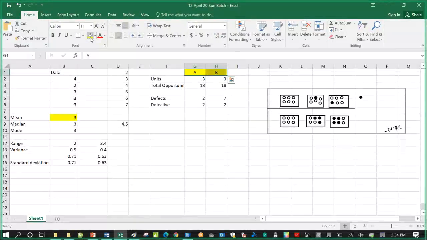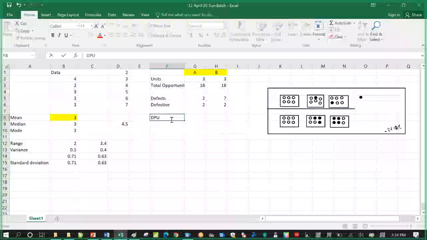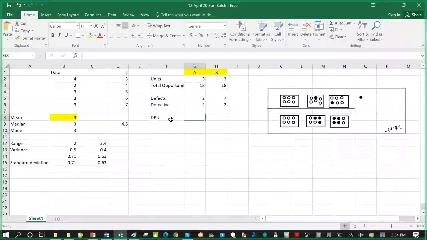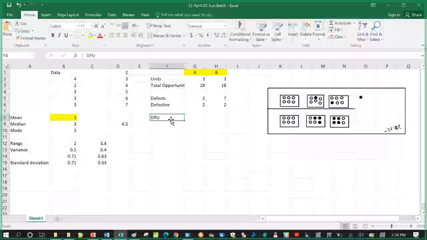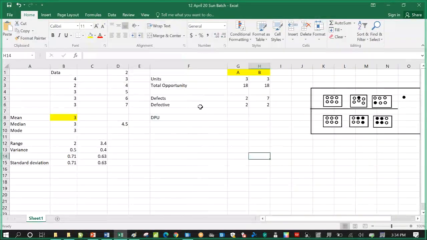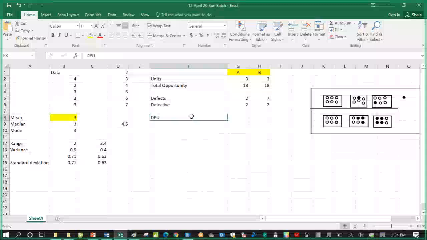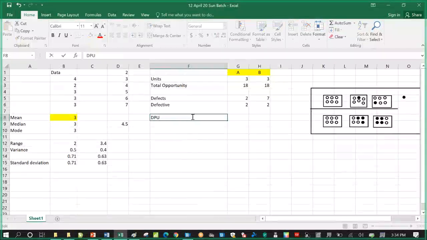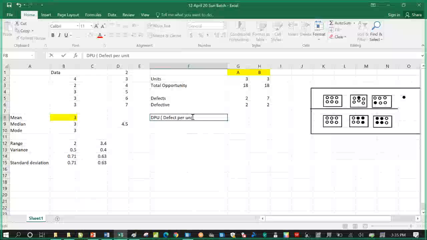These are the basic. Now we will actually use Six Sigma matrix. So the first one is called DPU. DPU stands for defect per unit.